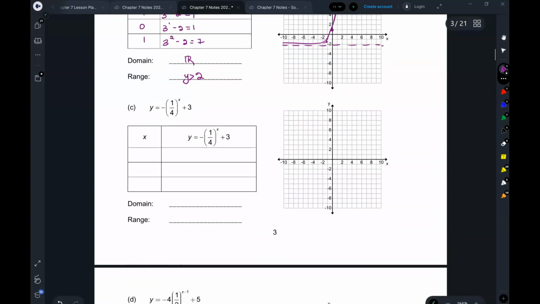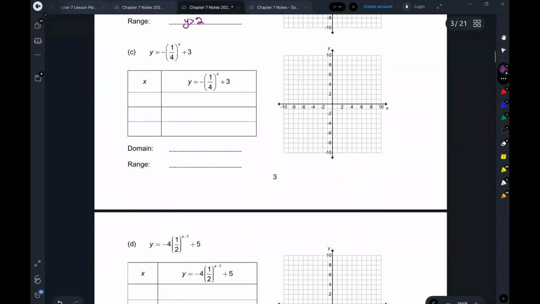Okay. So the next one, growth or decay? Decay, but there's also a negative in front, so this is a reflection around the x-axis. So now it's going to be underneath the asymptote. Let's plug in negative 1, 0, 1 again. Negative 1/4 to the negative 1 plus 3 is negative 4 plus 3, negative 1.